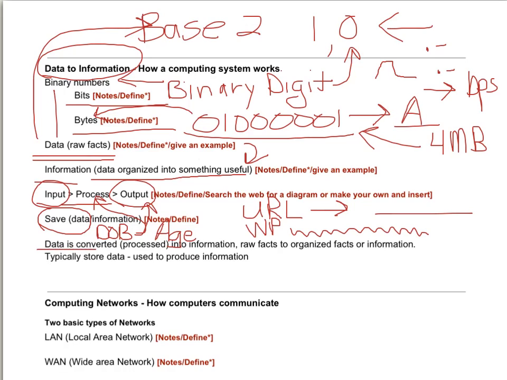So data is converted, we use the word processed, into information. Raw facts of data are organized, and then that gives us information. For example, in a lot of colleges, or even high school, they don't store your GPA. They take how many quality points you've earned, divided by how many credits you have, and then that calculates your GPA, which makes more sense.